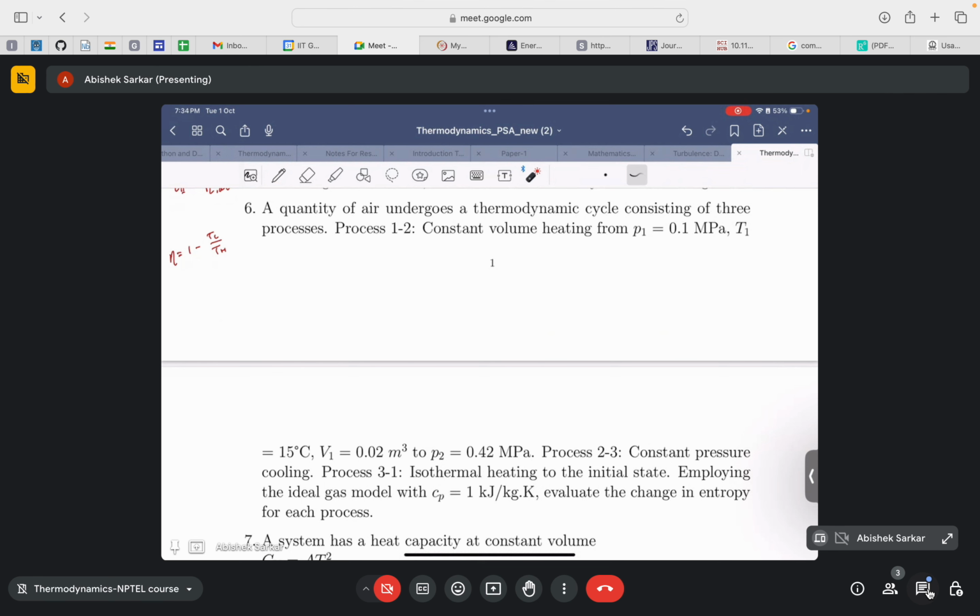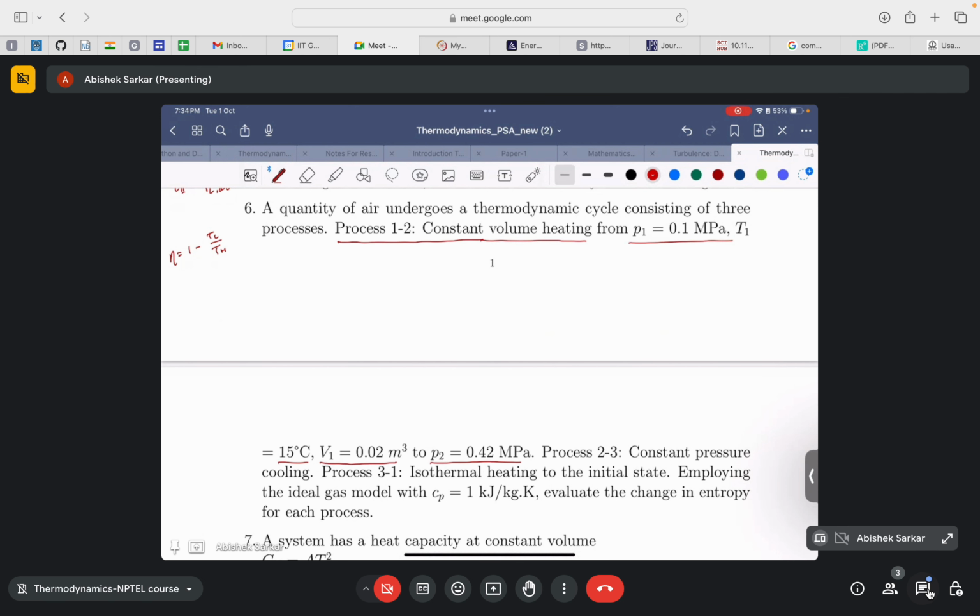A quantity of air undergoes a thermodynamic cycle consisting of 3 processes. Process 1 to 2 is a constant volume heating from P1 equal to 0.1 megapascal, T1 equal to 15 degrees Celsius and V1 equal to 0.02 meter cube to P2 equal to 0.42 megapascal.